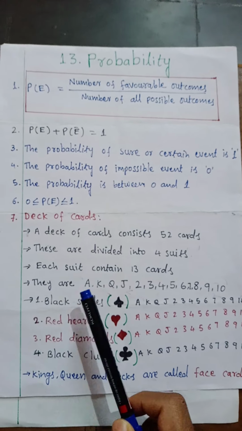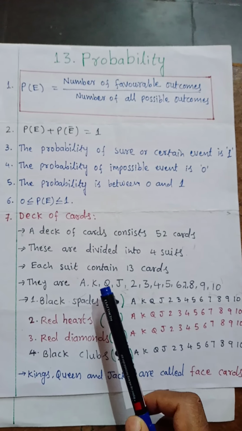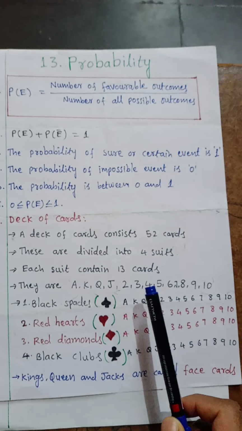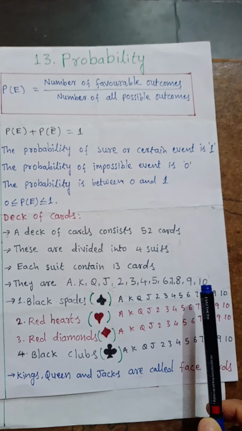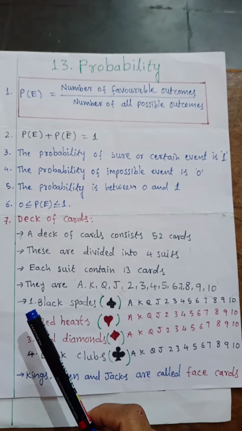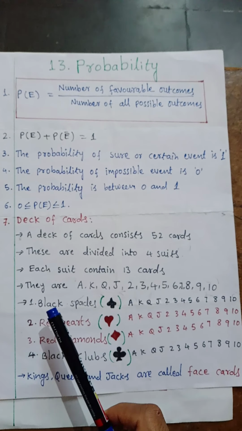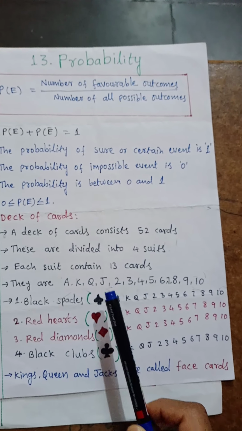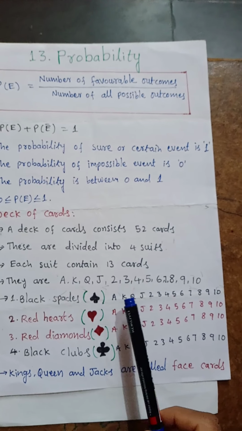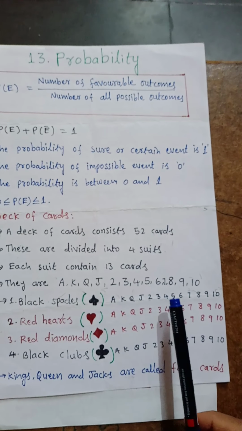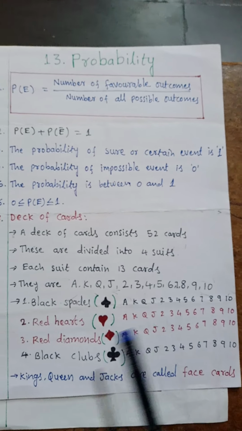They are Ace, King, Queen, Jack, and numbers 2, 3, 4, 5, 6, 7, 8, 9, 10. Here there are 4 suits. The first suit is black spades. This is the symbol of black spades. In that also there will be 13 cards: Ace, King, Queen, Jack, 2, 3, 4, 5, 6, 7, 8, 9, 10.